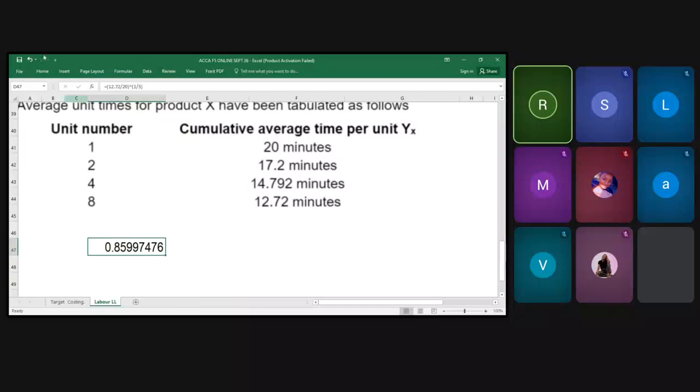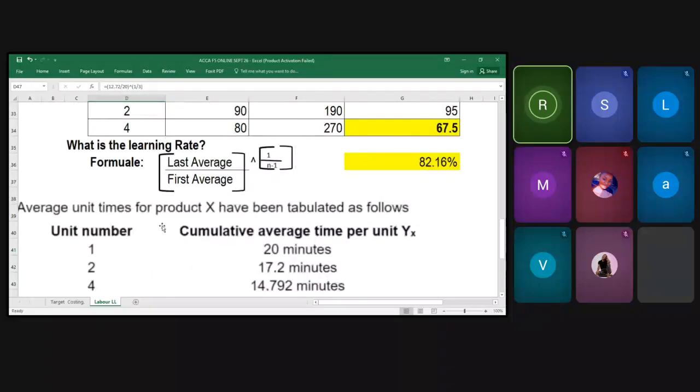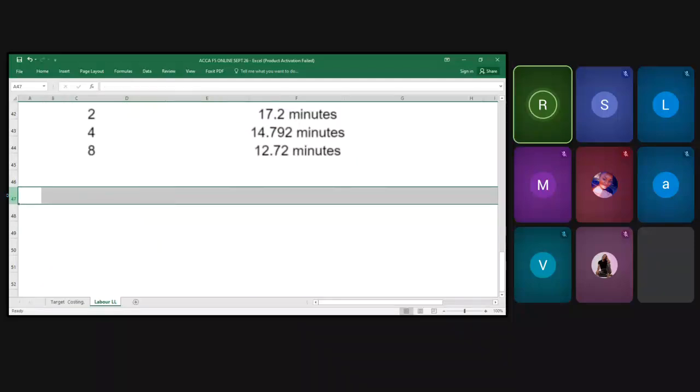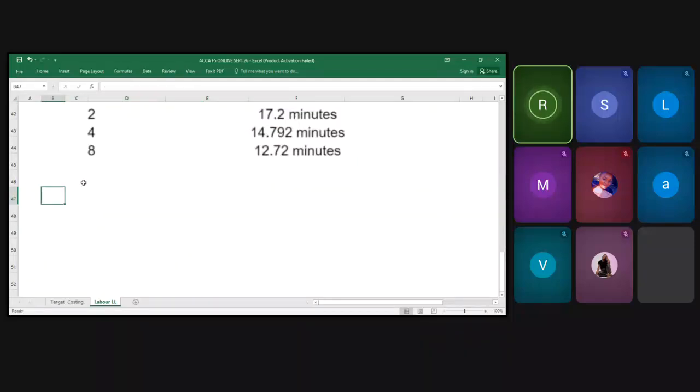That is 85.99, which is 86%. That is key, and I hope you guys got it correct. So I don't want us to just end here, so let me give you another example.